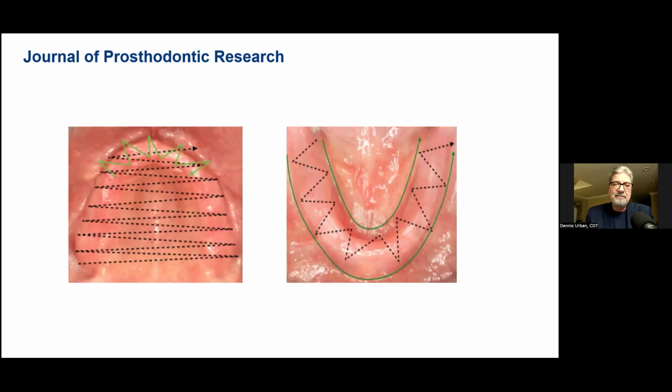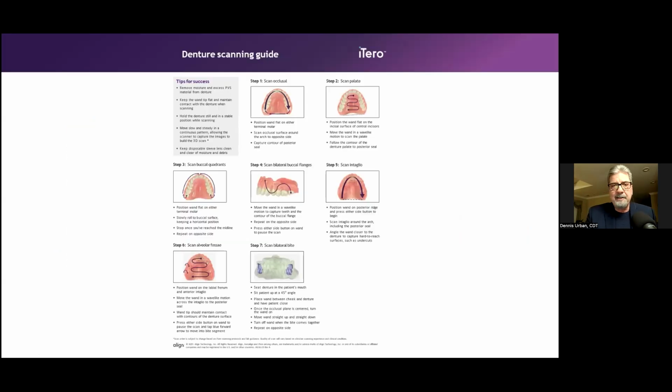So it's really important. And you know what's great is iTero and Align Technologies. They're pretty much using the same type of scan strategy that Dr. LaRusso is using, and we get successful scans with iTero. If you go to the Align or iTero website, they have PDF guides on denture scanning.